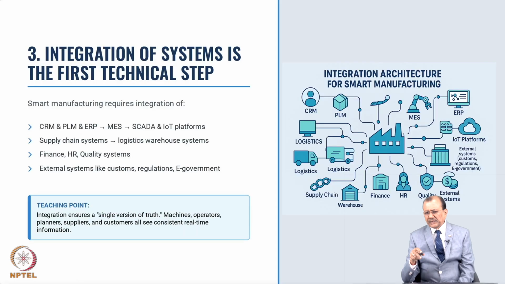Every company today has a bunch of software like CRM, product life cycle management, logistics, ERP, and the manufacturing execution system. This is a very special software required to make the operation organized and intelligent.